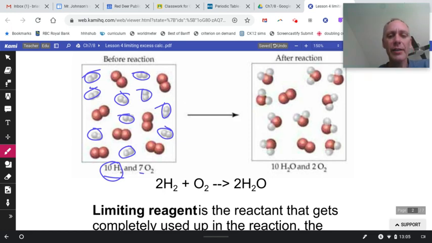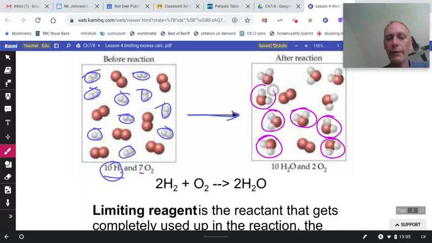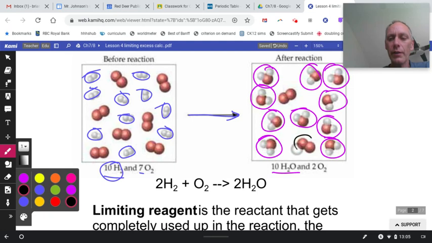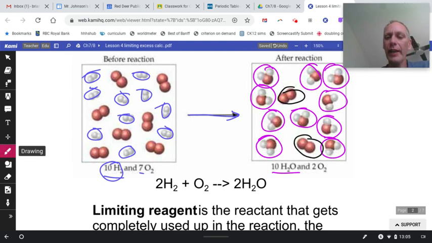When they react together, we end up with, let's see how many water molecules. 1, 2, 3, 4, 5, 6, 7, 8, 9, 10. So we finish with 10 water molecules, and we have 2 oxygens left over. Okay, from looking at that, you can tell that the oxygen is in excess.